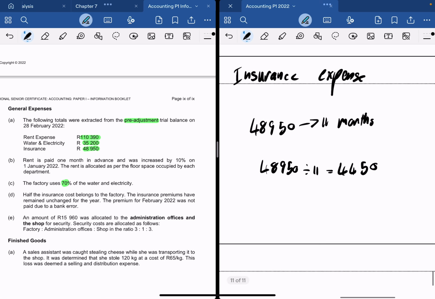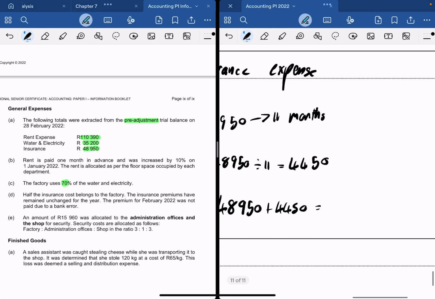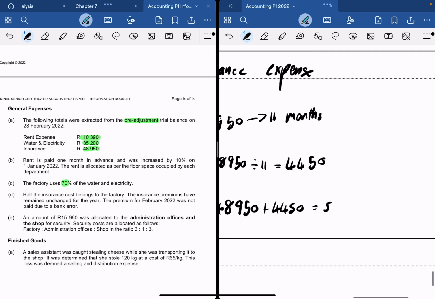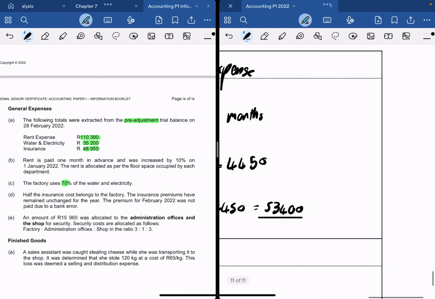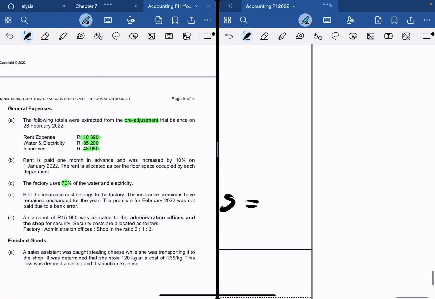That means to get the full expense for the year, we take the full 48950 plus 4450, and we get a total of, let me put it in my calculator, can't do arithmetic in my head, 53,400. But are we done? No. It says half the insurance belongs to the factory. So we need to times by 0.5. And then we get 26,700.